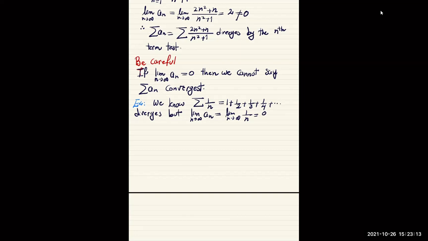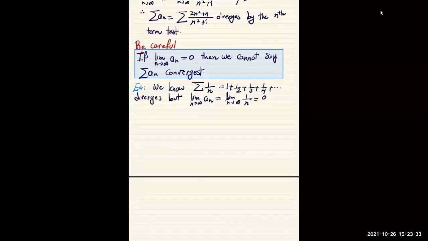It's not convergent. All right, so please be very, very careful. If a sub n goes to 0, then the nth term test doesn't say anything. You just have to do a different test. The series may converge or may diverge.